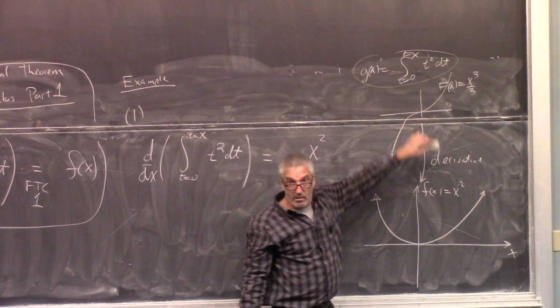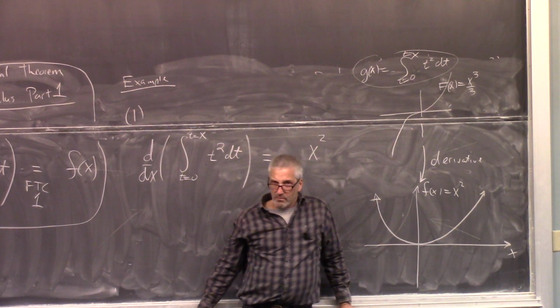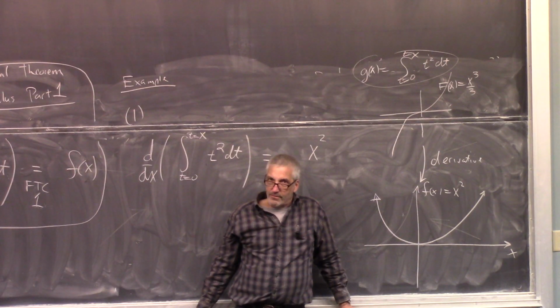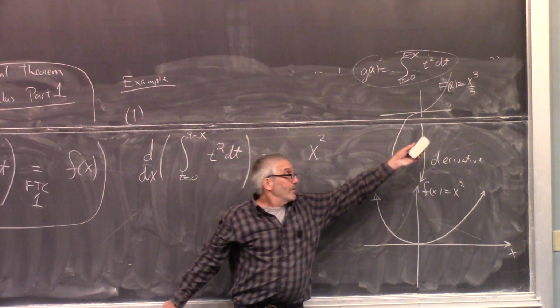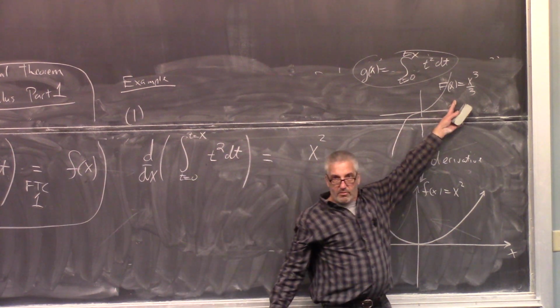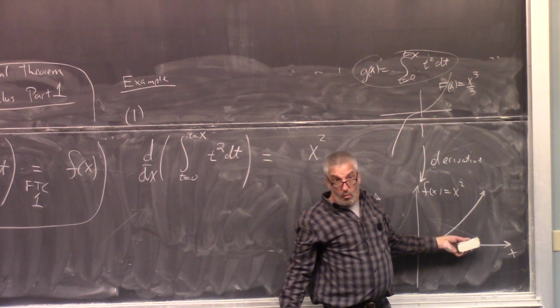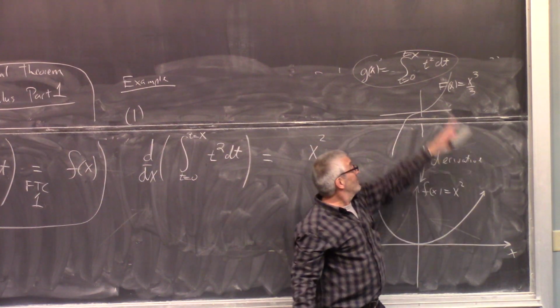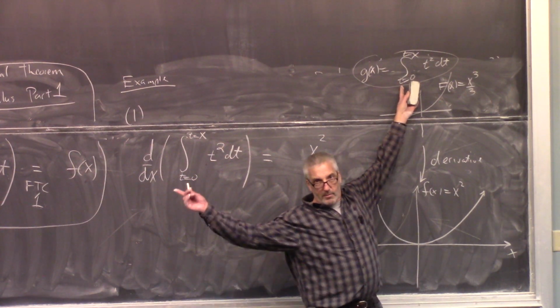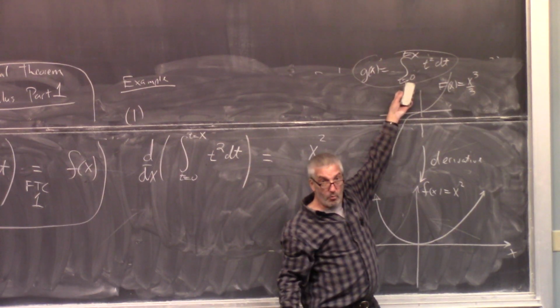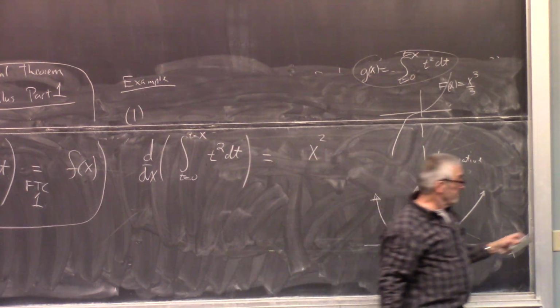It's x cubed over 3. So we have two different ways of writing an antiderivative of x squared. One is we can just use the power rule and build this function, x cubed over 3. Or we can do this insane thing, which is to build this area function and realize that because of the fundamental theorem of calculus, that's also a way of writing an antiderivative.